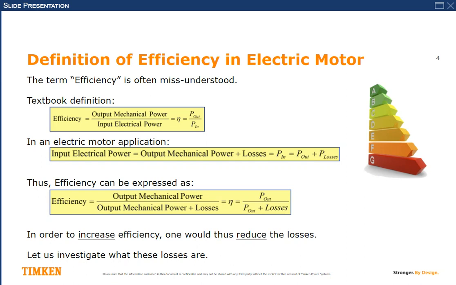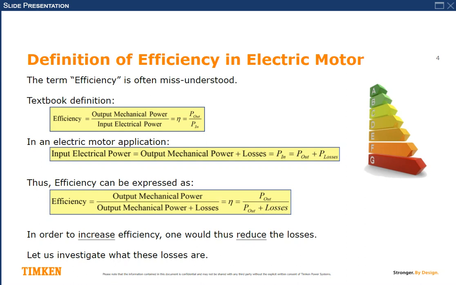So let's look at what is the definition of efficiency. A textbook definition of efficiency is the output divided by the input, which of course would give us a percentage which would be less than 100%. Now, if we look at the input power, we could say the input electrical power is the mechanical power plus the losses.